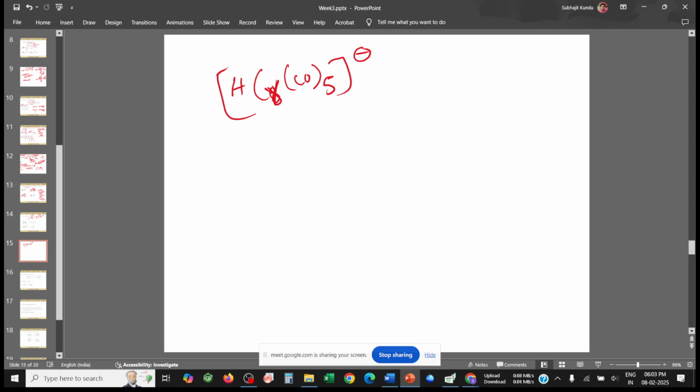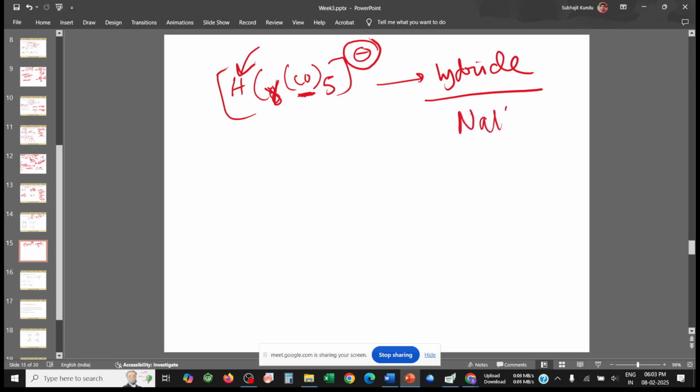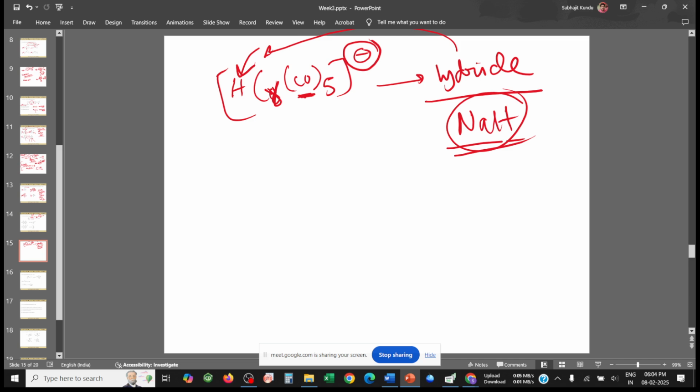Now the carbonyl is neutral, and the negative charge is only coming from this hydrogen, so this is hydride. Now what will the hydride add? We are giving sodium hydride instead; here you are giving the complex which contains metal hydride.